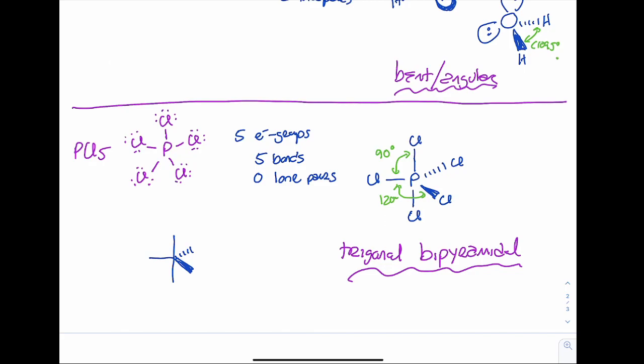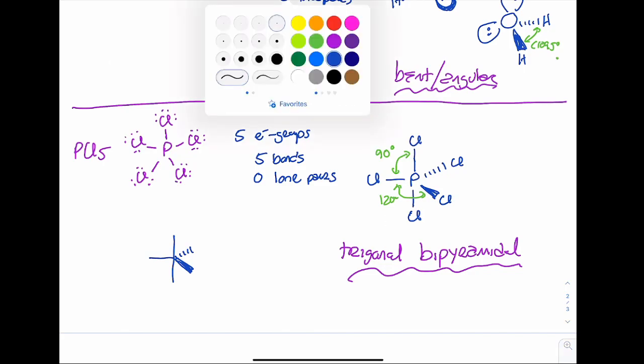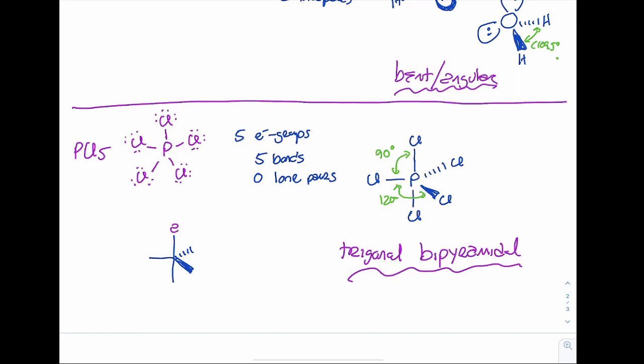The ones that go straight up and straight down are actually called axial positions. So AX is axial. And then the ones around the middle are called equatorial positions. So I'm going to put an EQ.